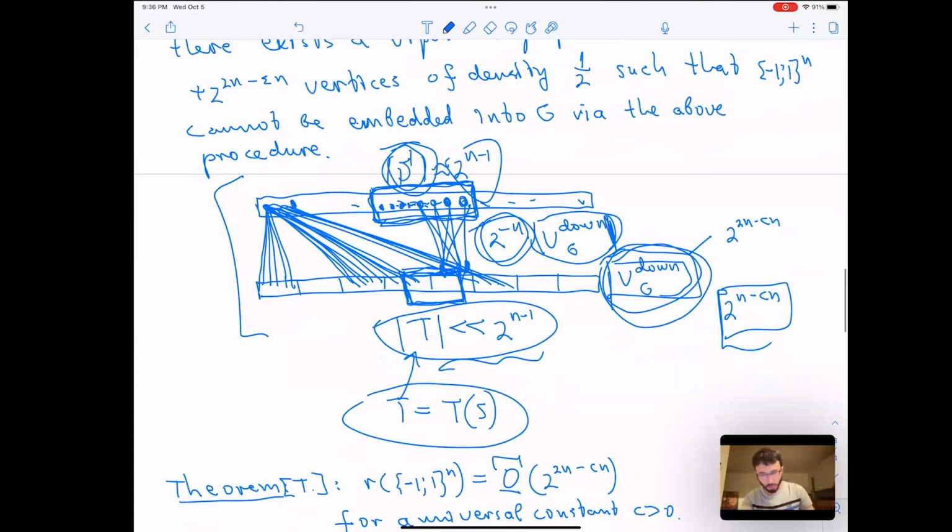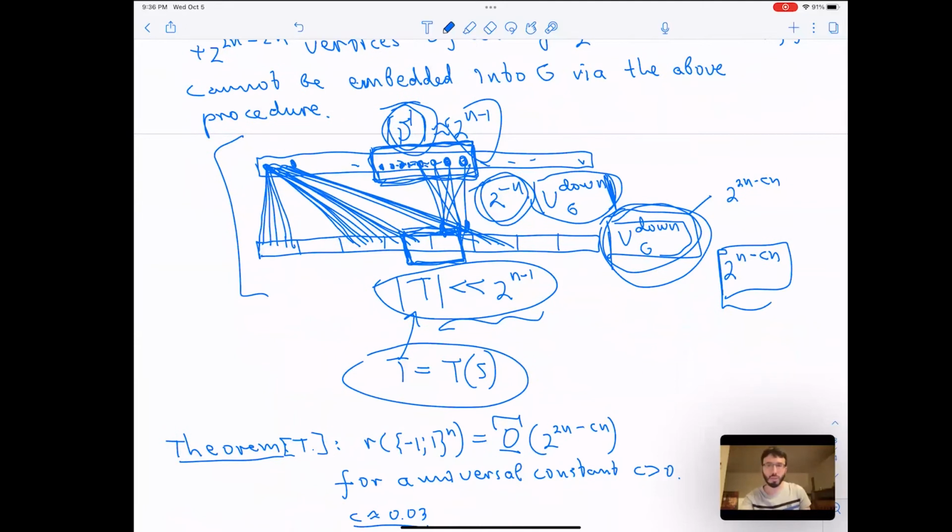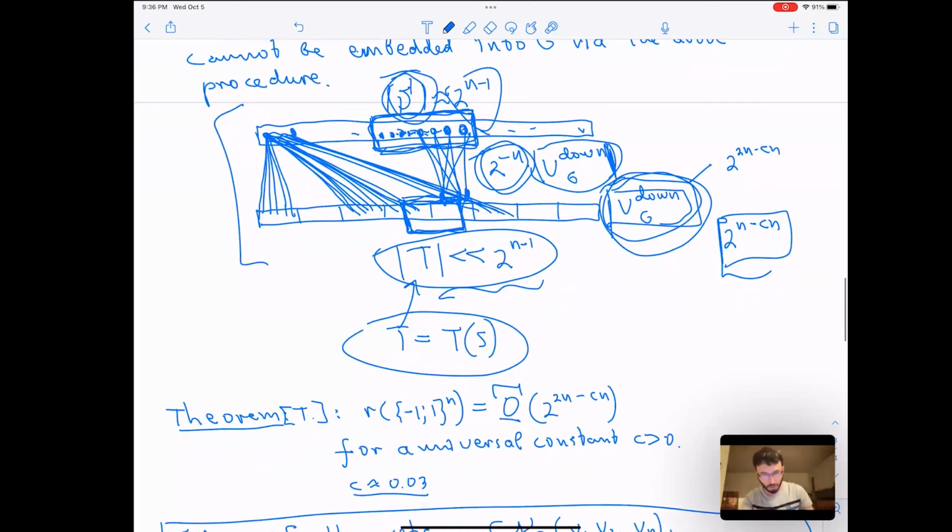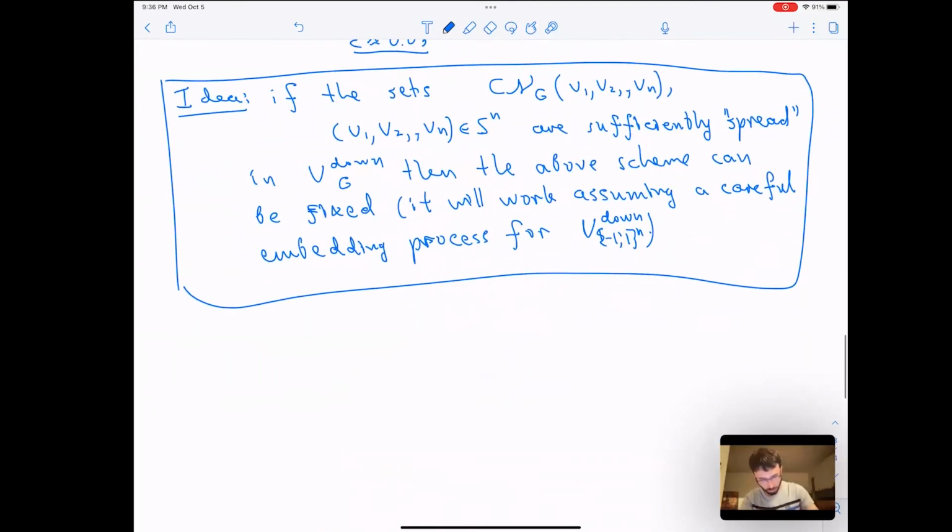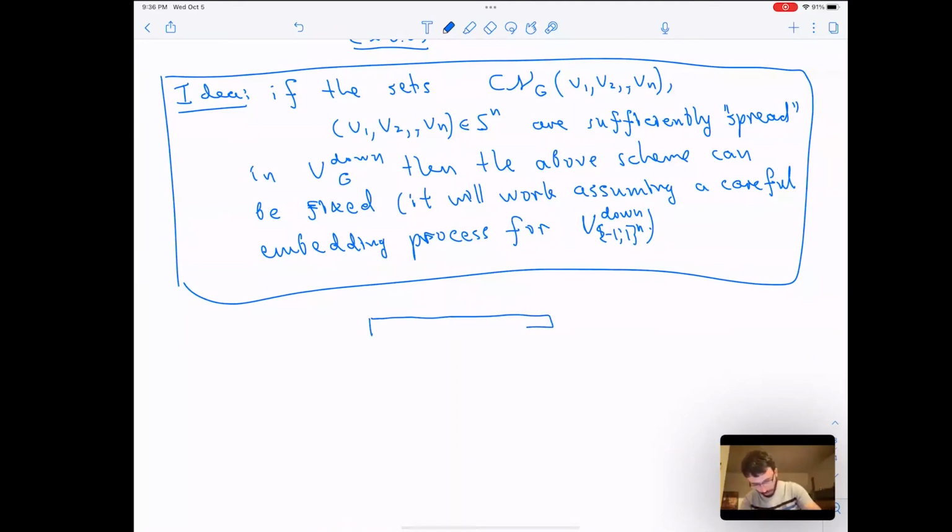So let's first consider the extreme situation when the set of common neighbors for every n-tuple of S is actually the same set. It's not just that they overlap and have huge overlaps. Assume that it's just the same set. So imagine that we have a subset S in the upper half.